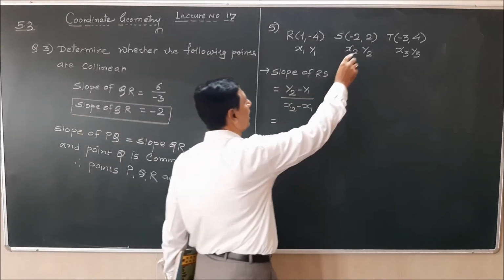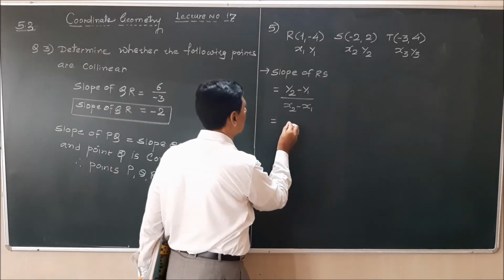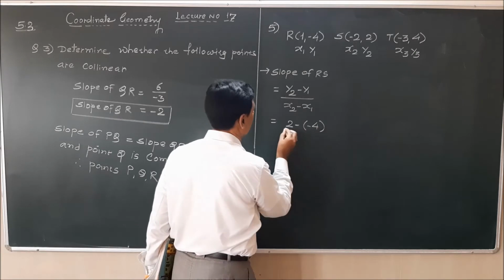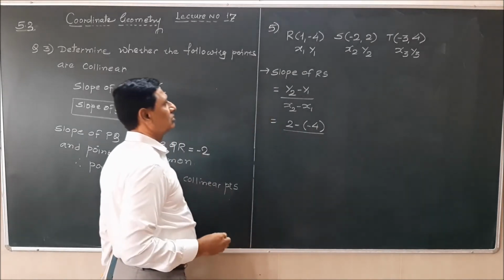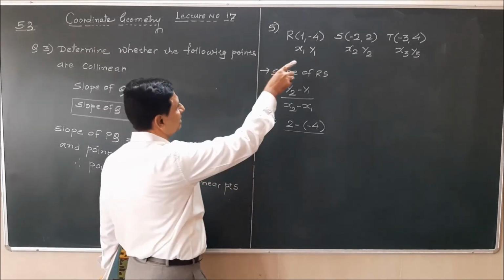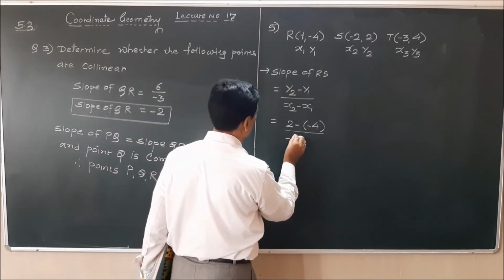What is y2? y2 is 2, minus of minus 4, upon x2 minus x1, that is minus 2 minus 1.